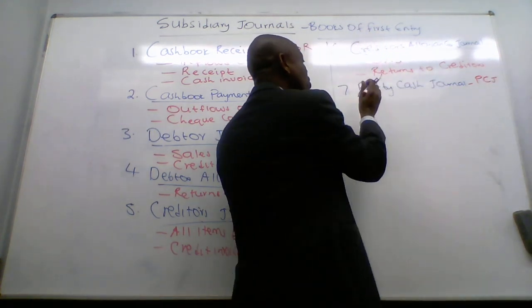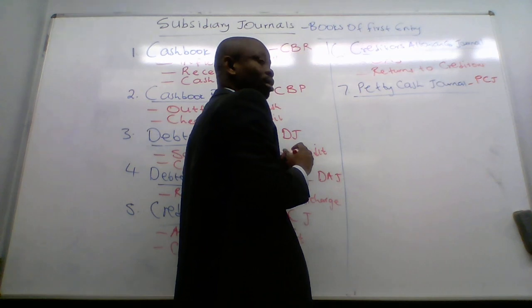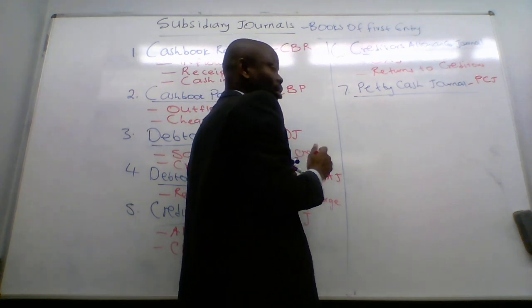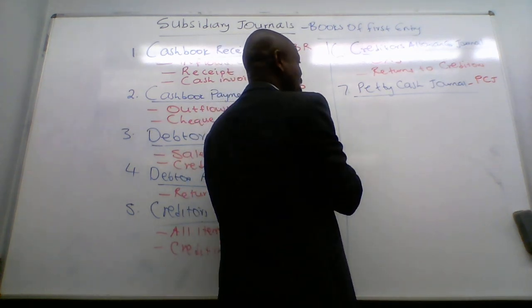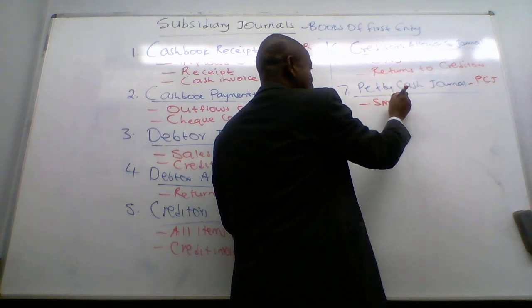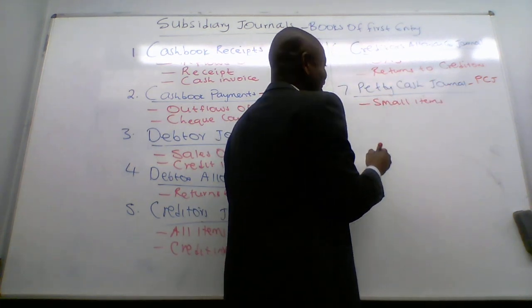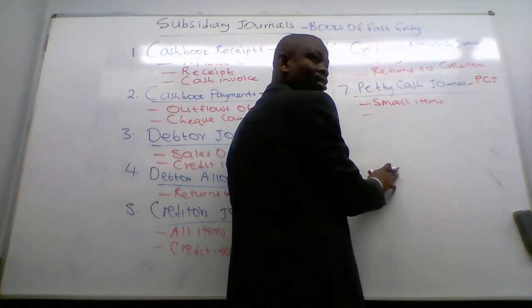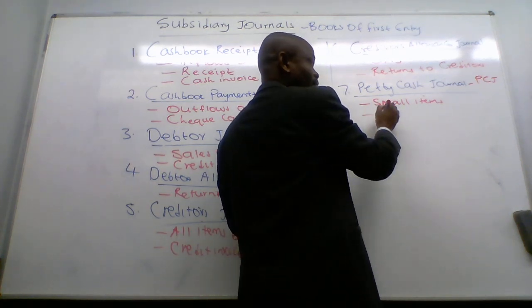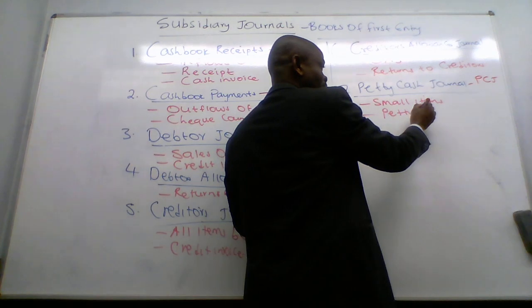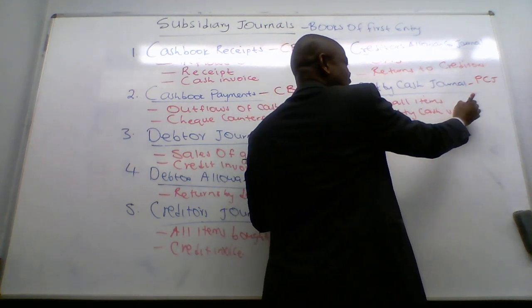And which items do we record here? Small items. Can you see now? And then, which source document? Petty cash voucher.